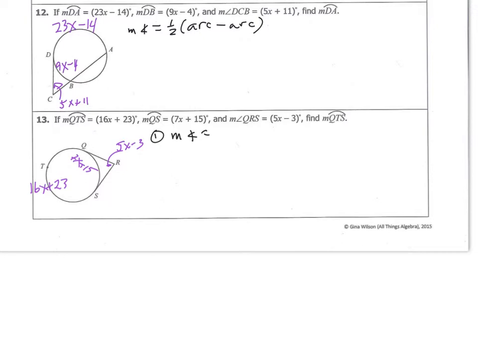And this one you cannot add these two and subtract them from 360 because you're missing that arc there, right? So we're going to put in what we know. We know 5x plus 11 is exactly equal to 1/2 times, the bigger arc is 23x minus 14. But we have to subtract, so I'm going to put brackets here. We have to subtract this arc, 9x minus 4.